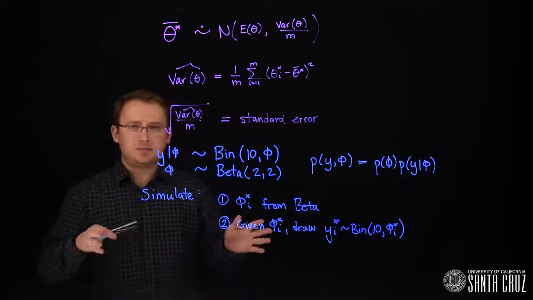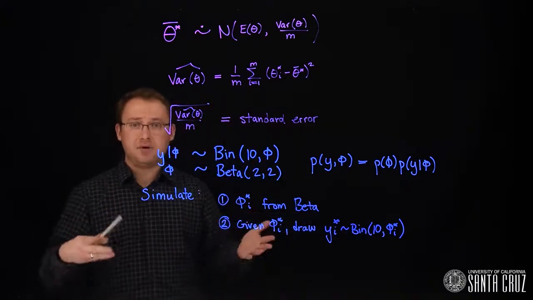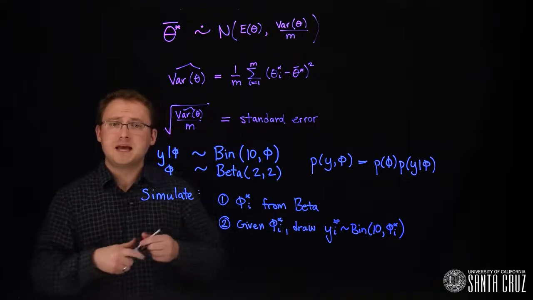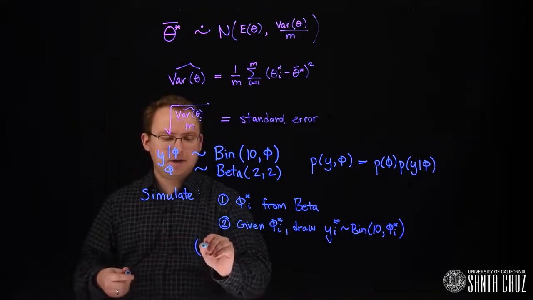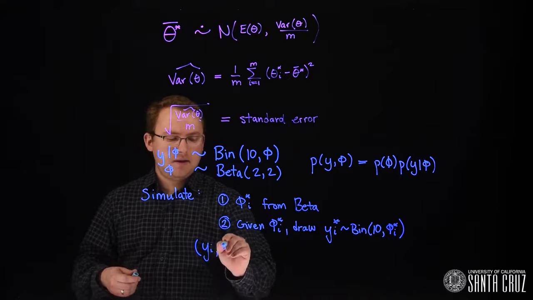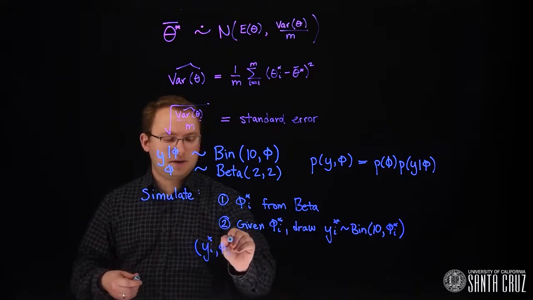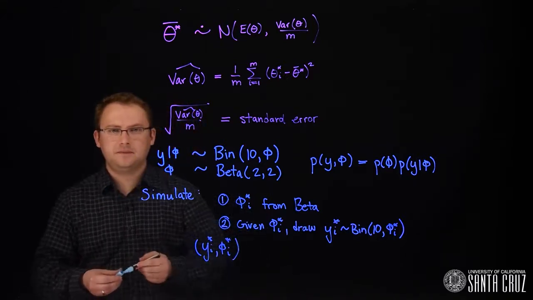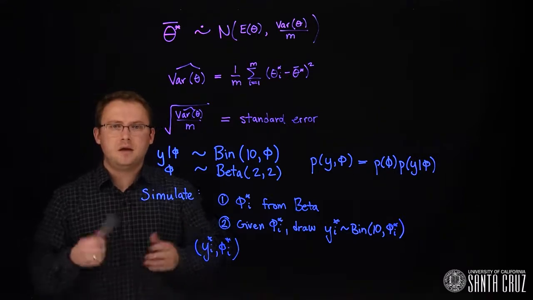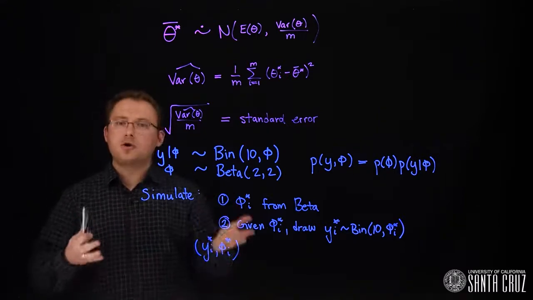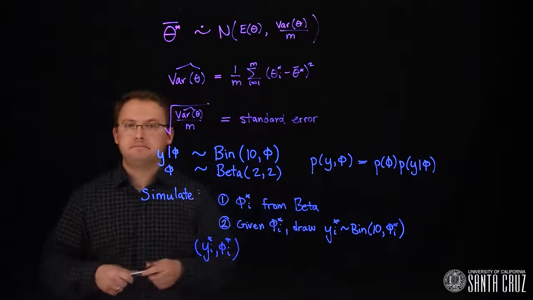If we repeat this process for many samples, we're going to produce m independent pairs, y i, phi i pairs. These pairs right here are drawn from their joint distribution.